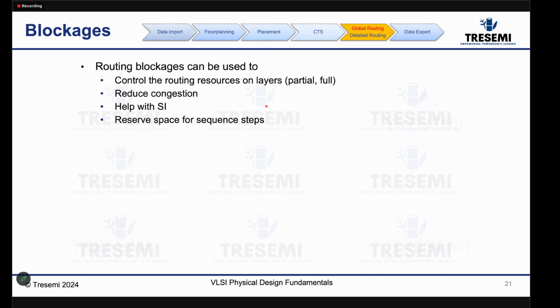In the early stage of the design, you don't want to say, well, I'm not blocking anything, and then the router has plenty of routing resource, and you route with no issue. But later on, when the design is more mature, more macros come in with more metal in them, and then you start seeing the congestion, right? So you don't want to do that.